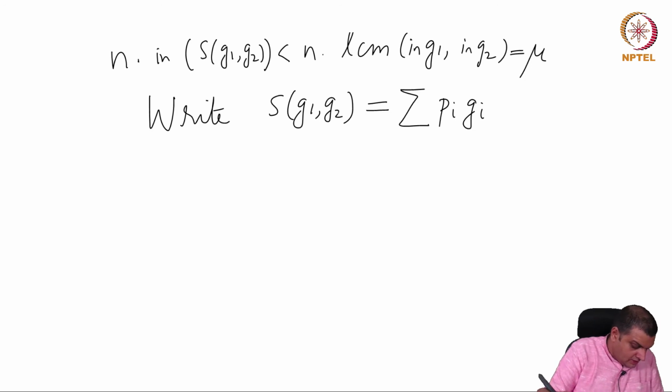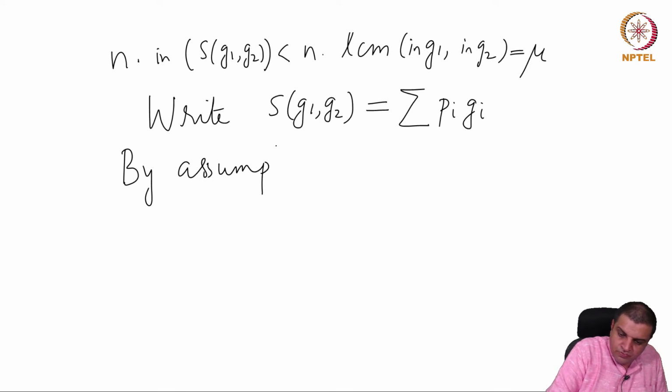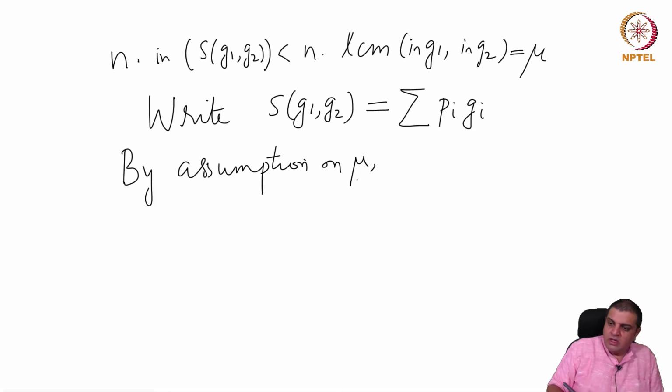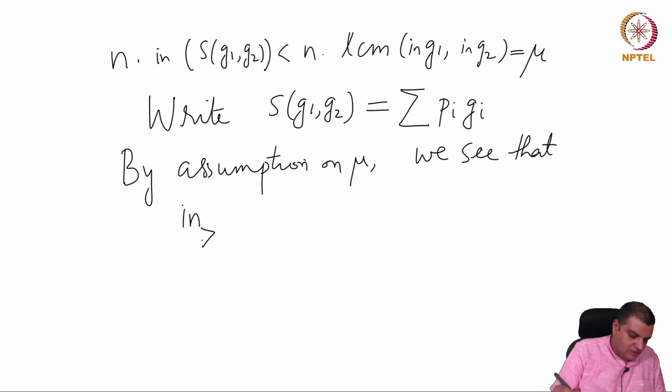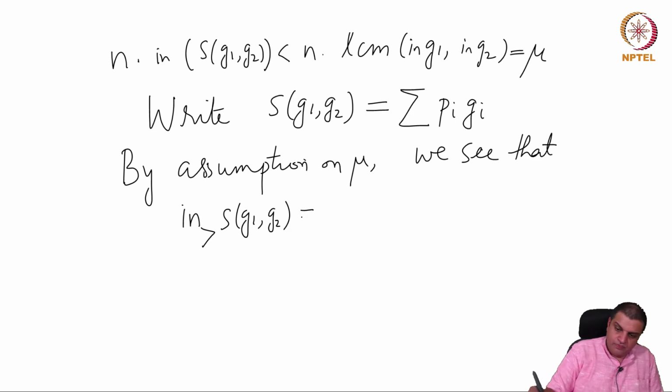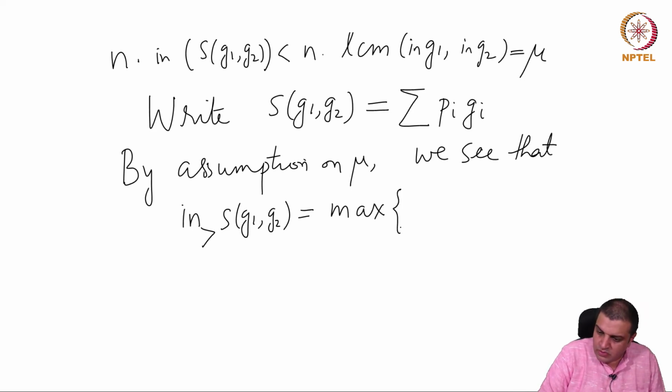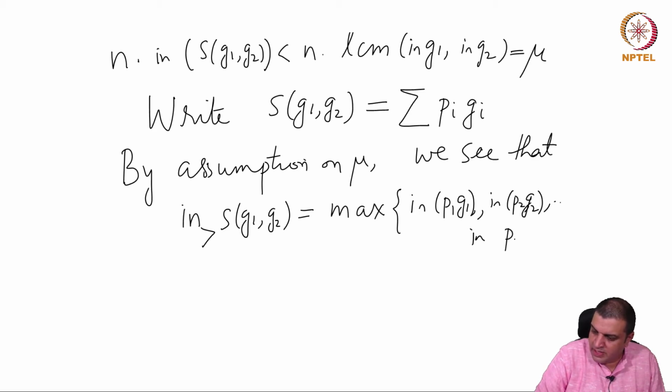But now we have an expression like this whose initial term is strictly less than mu. So therefore we may assume, by assumption on mu, that the initial term of S of G1 G2 is equal to the max of the initial terms of P1 G1, P2 G2, and so on up to PM GM.